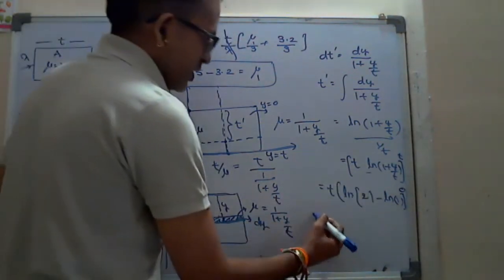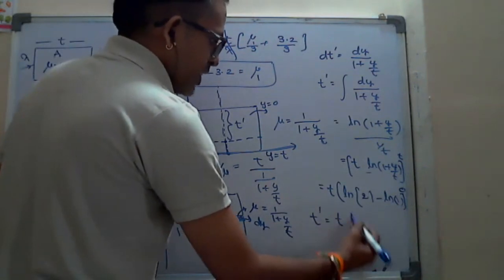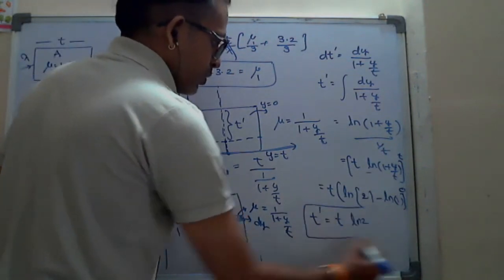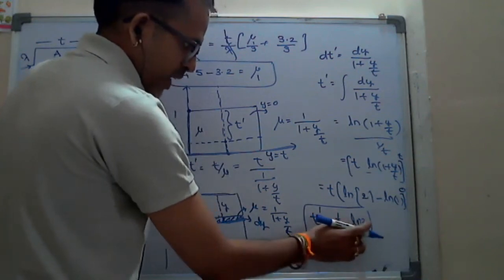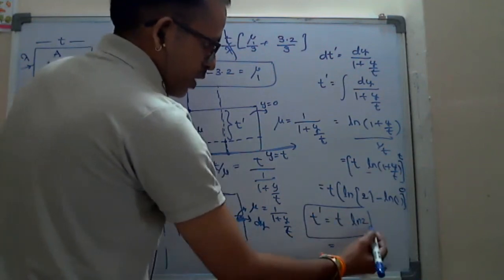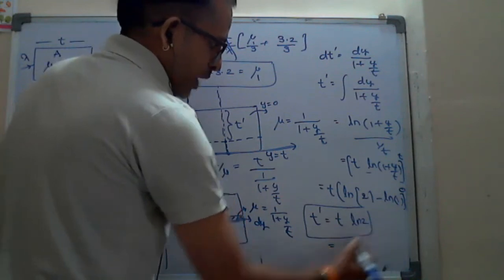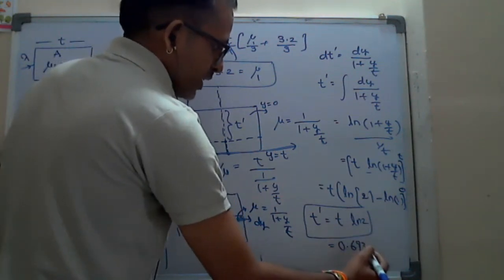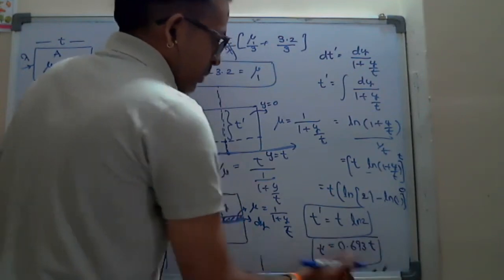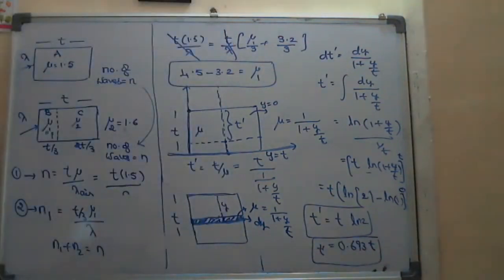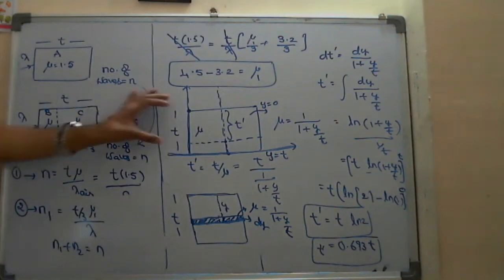Therefore the answer is t dash equals t log 2. This log 2 is not 0.3010, it is log base e. Log 2 is 0.69, so t dash is 0.69 times t, approximately 0.7 times the depth.